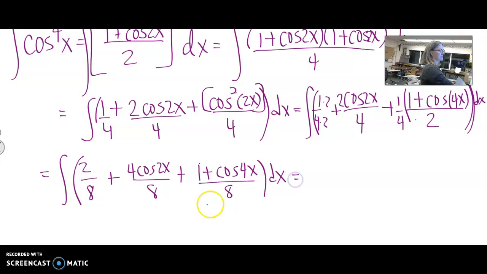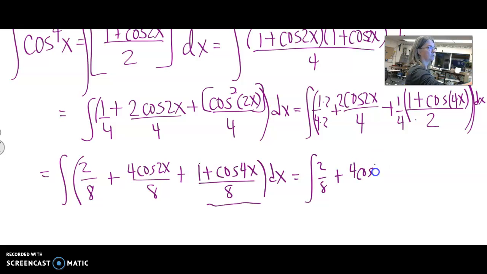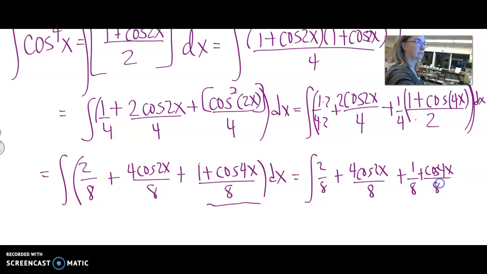And I can split this last piece, this fraction up, so I end up with 2/8 plus 4 cosine of 2x over 8 plus 1/8 plus cosine of 4x over 8 dx. Just putting the 1 over the 8 and the cosine of 4x over 8.